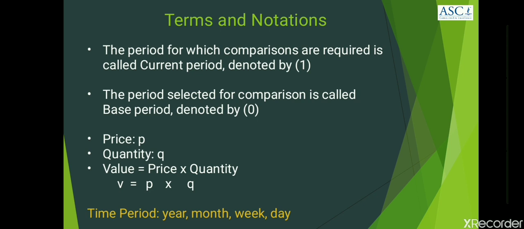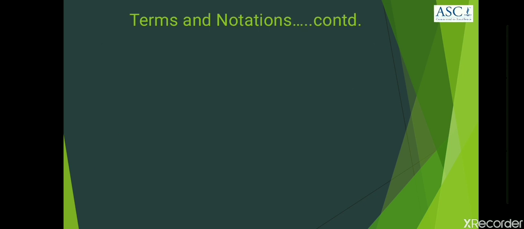With this knowledge, let us assign notations for few more terms. Here they are. Current year price denoted by P1. Here, price is denoted by P and current year is represented by 1.